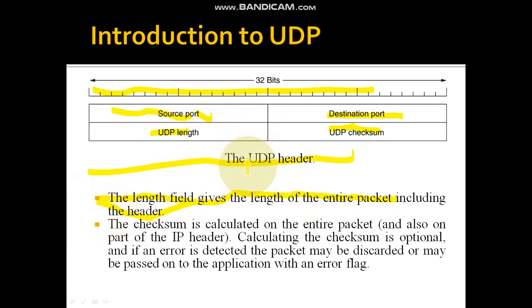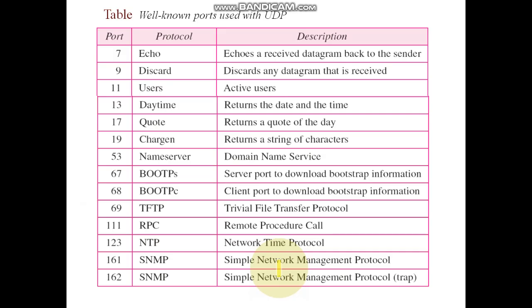The checksum is calculated on the entire packet and also on part of the IP header. Calculating the checksum is optional, and if an error is detected, the packet may be discarded or may be passed on to the application with an error flag. So checksum checks for an error, as I said earlier.